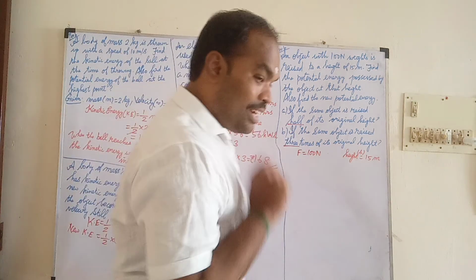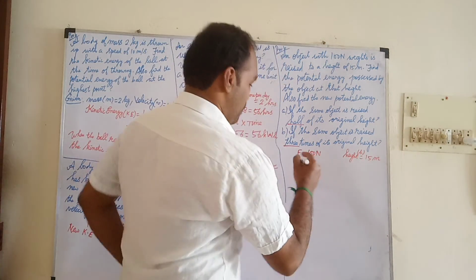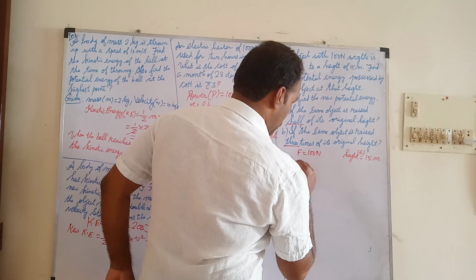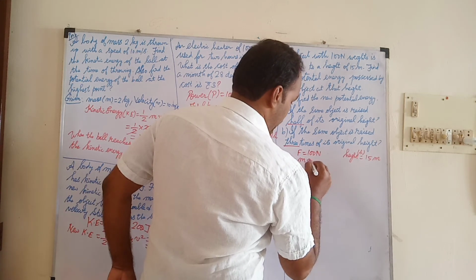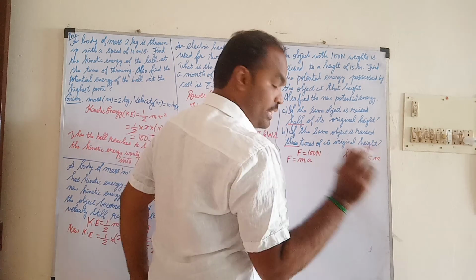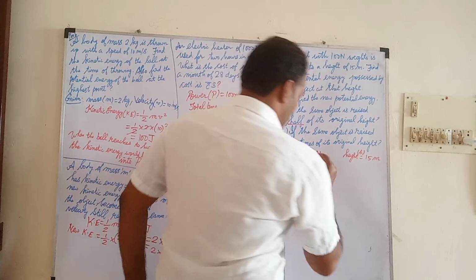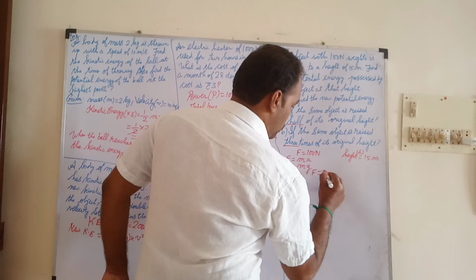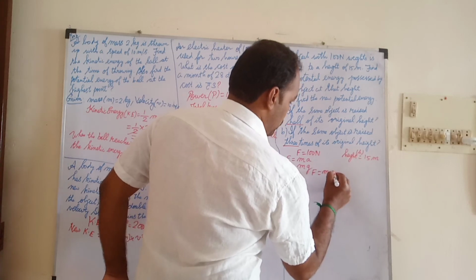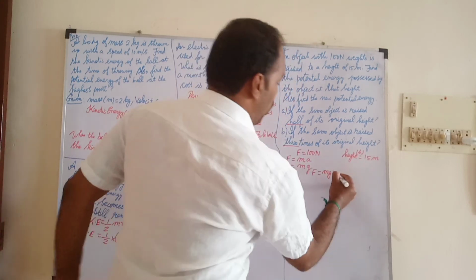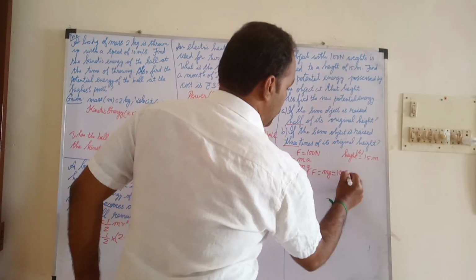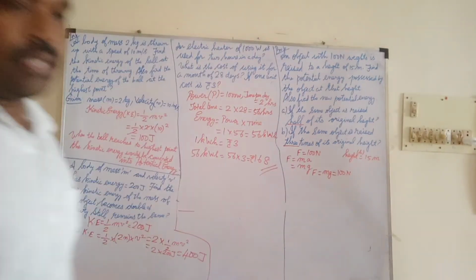In Newton's second law, force equal to ma. a means acceleration due to gravity. mg also we can write it. So F equal to mg. mg equal to how much? 100 Newton. Correct?